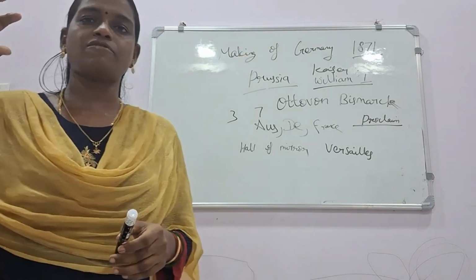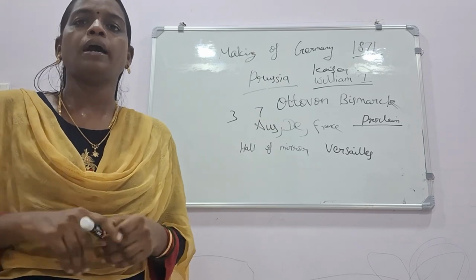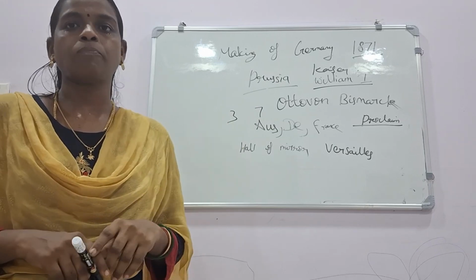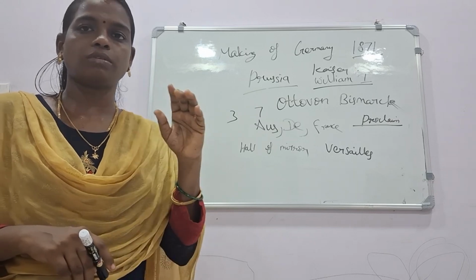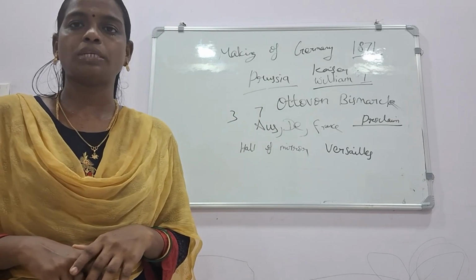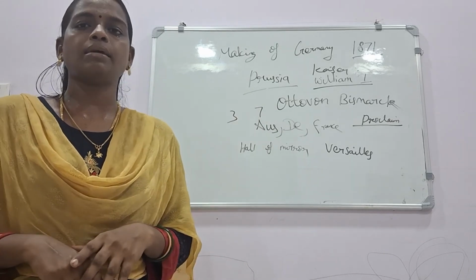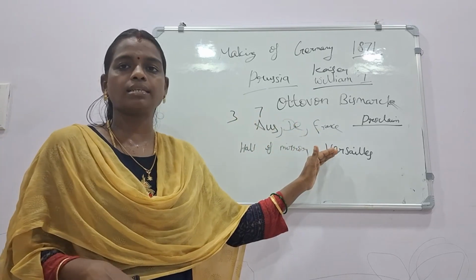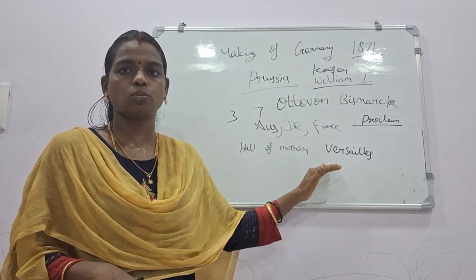The first initial step in the making of Germany was taken by William I. His chief minister was Otto von Bismarck, and with the efforts of both, they unified Germany in 1871. They assembled in the Hall of Mirrors at Versailles, where they decided Kaiser William I was the king of Germany.